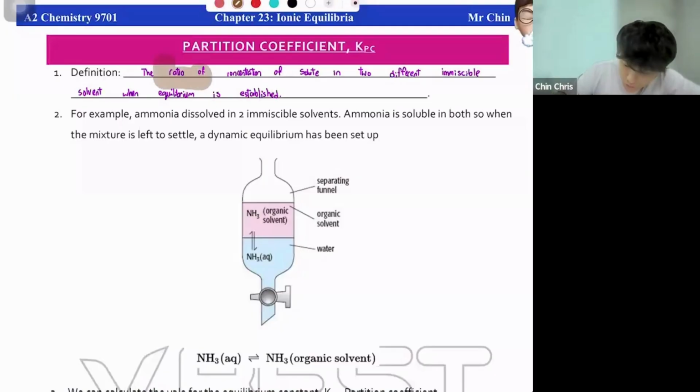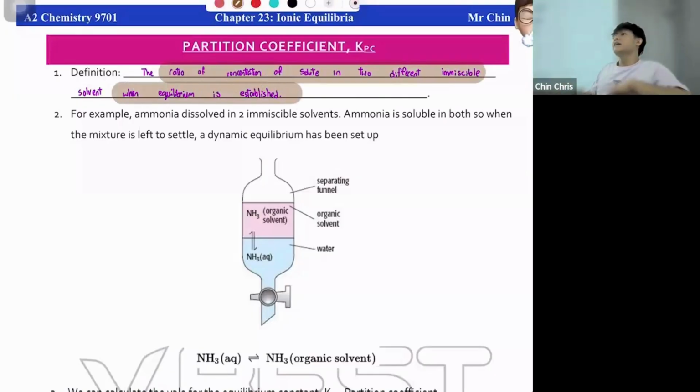Keyword: ratio. Keyword: equilibrium is established. So guys, Ksp has a unit. Do we have a unit for Kpc? No. Why? It's a ratio. So Kpc has no unit. Okay? Good.